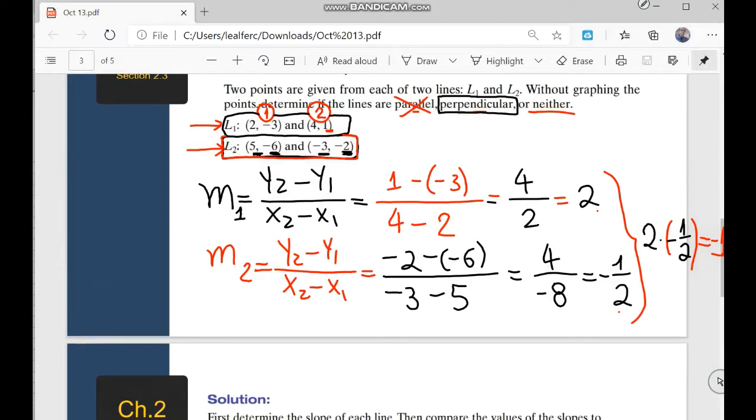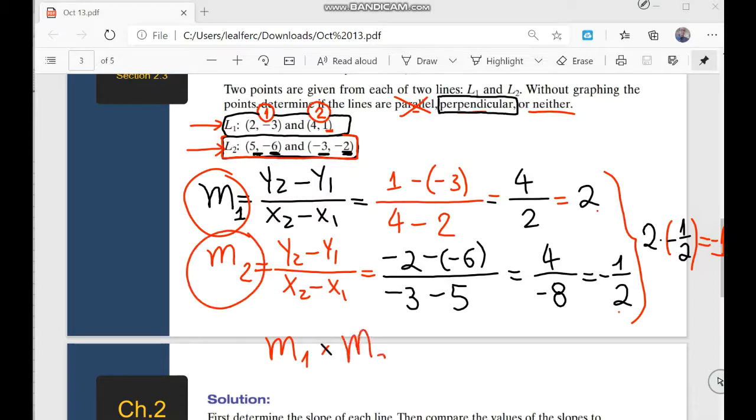To find out if it is perpendicular, we found M1, and we have to multiply by M2. If the result is -1, that means they are perpendicular. So M1 is equal to 2 times M2, which is -1 over 2.